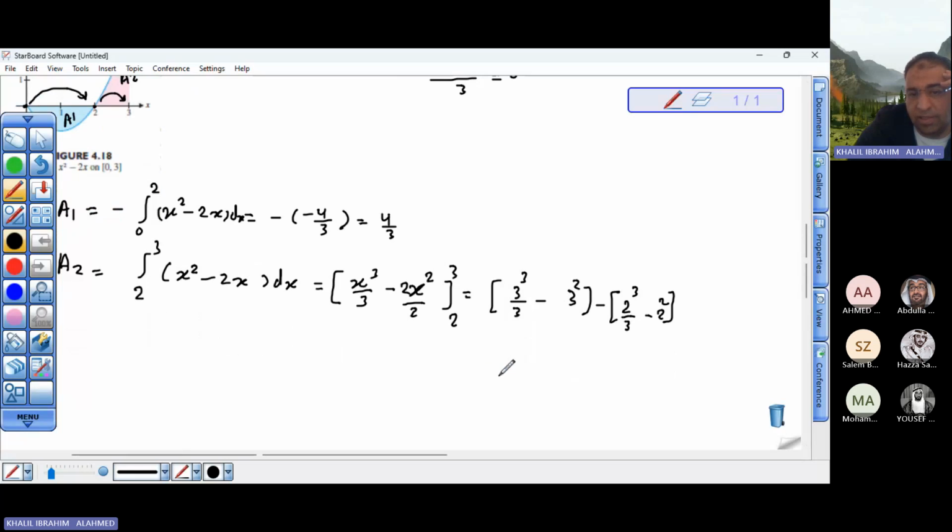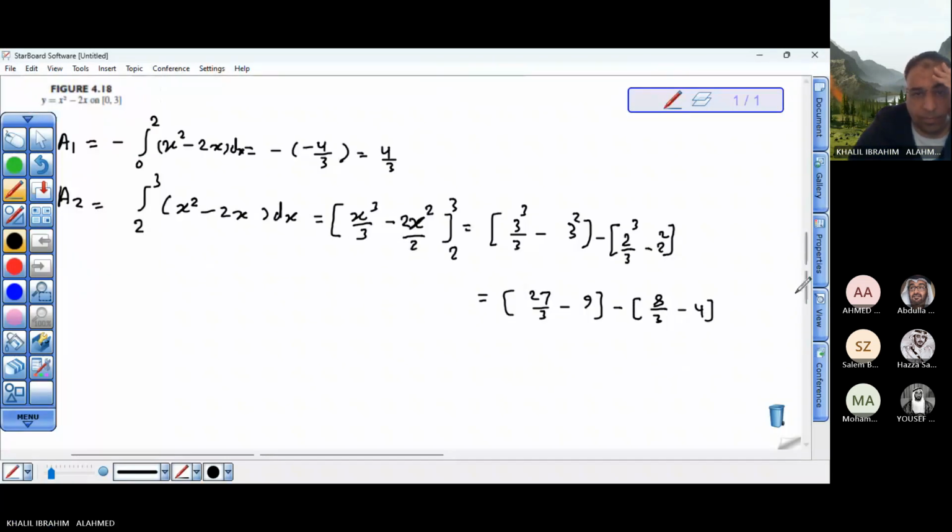We can find this equals 27 over 3 minus 9, minus here 8 over 3 minus 4. As you see here, this first part equals 0, because it is 27 minus 27 over 3, which is 0.